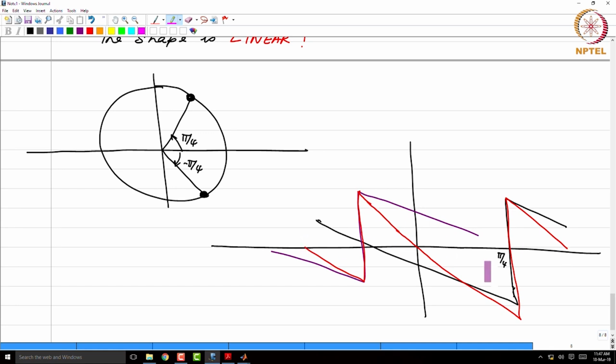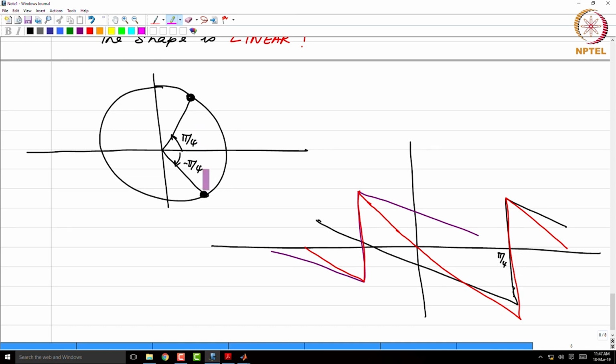And now you are adding two sawtooth waveforms, each having slope minus half. Therefore, if you add two linear curves, each with slope minus half, the overall slope will be minus 1. Therefore, in this case, the slope of the linear region will be minus 1, because they are the result of adding two curves, each with slope minus half, and the jumps will happen at plus pi by 4 and minus pi by 4.